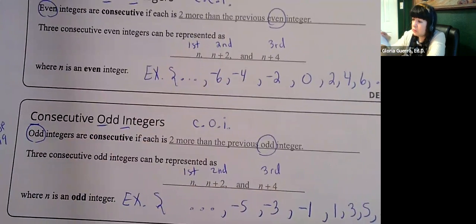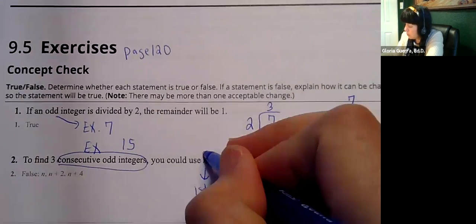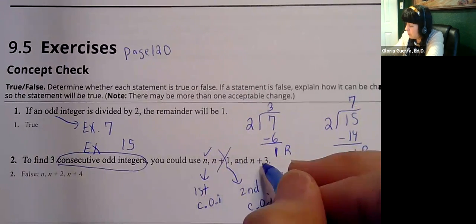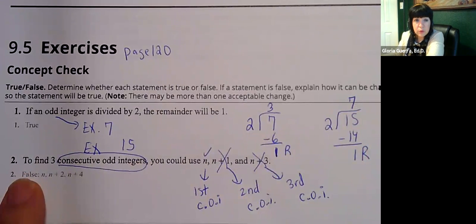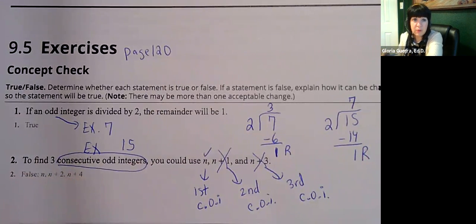Is that what they used? N, okay, that's good. Okay, nope, there's an error there. N plus 1, nope. N plus 3, nope. So that's why they say it's false. You should be using n, n plus 2, and n plus 4, okay? So you got to use your vocabulary, okay?